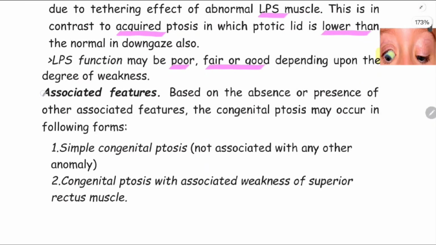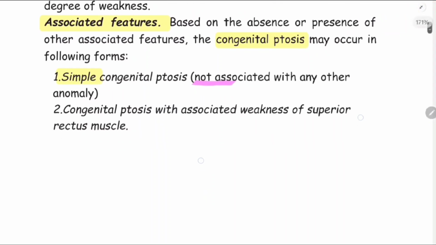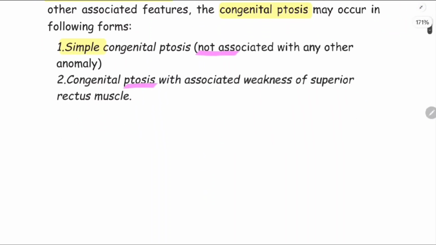Now, next coming to associated features. Based on the presence or absence of other associated features, congenital ptosis may occur in the following forms: simple congenital ptosis, that is not associated with any other anomalies, or congenital ptosis associated with superior rectus muscle anomaly.